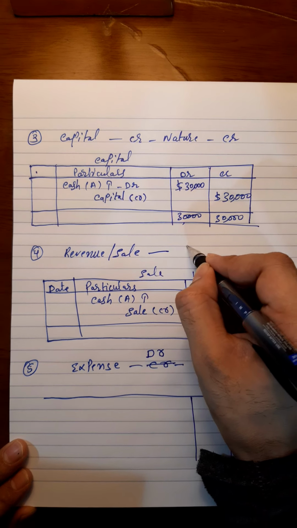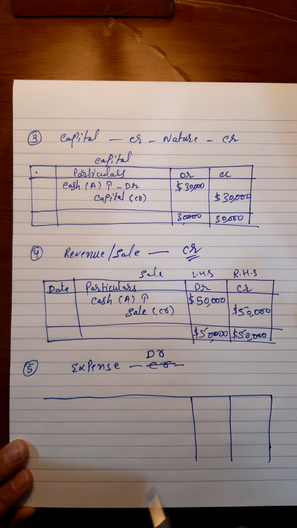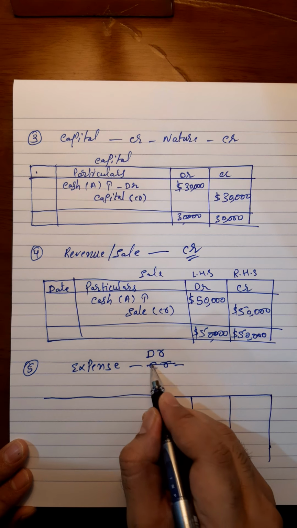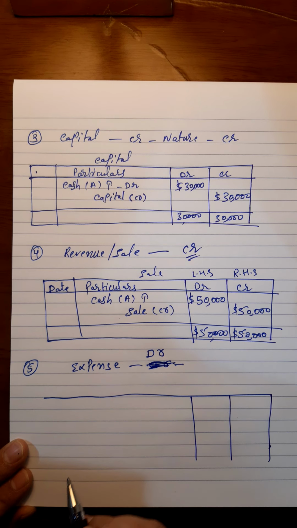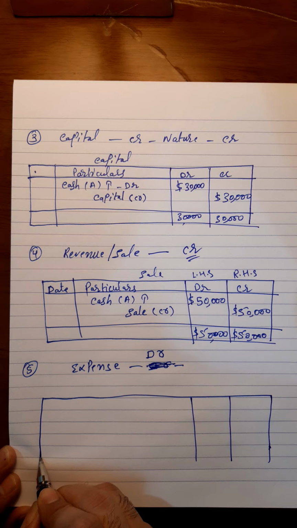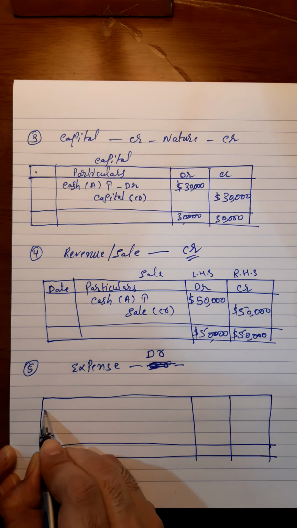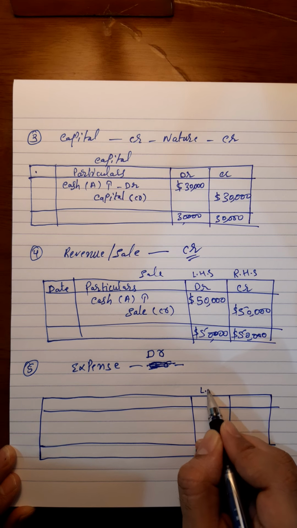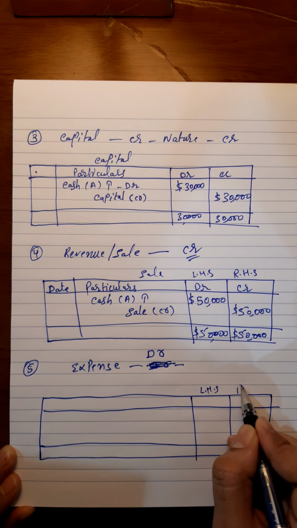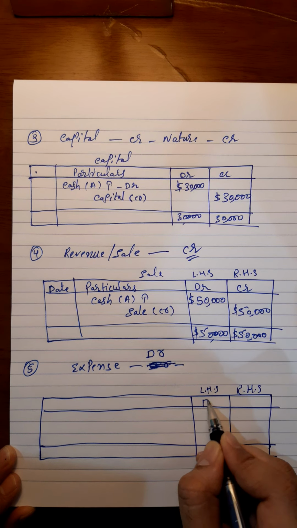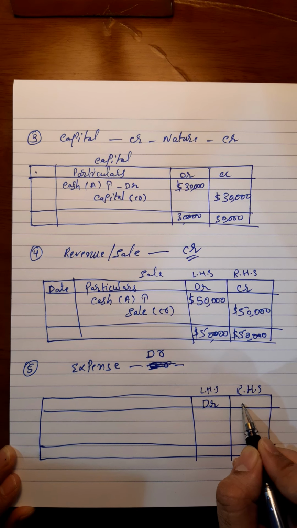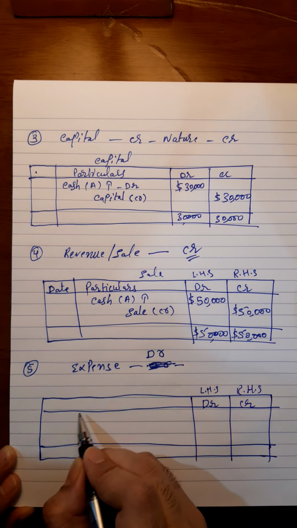Revenue is credit nature, always credit. Expense is debit nature. Now I will show you how expense will debit. Left hand side debit, right hand side credit.